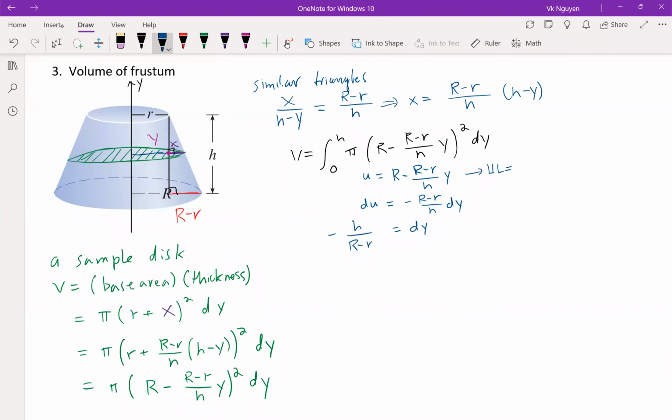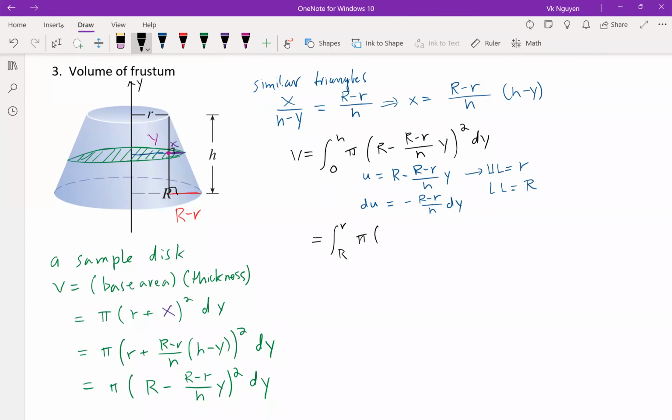The upper limit: you let y equal to h, then you're gonna get the smaller r. The lower limit is, let y equal to 0, then you get the bigger r. Do the u sub, and we have bigger r to smaller r.